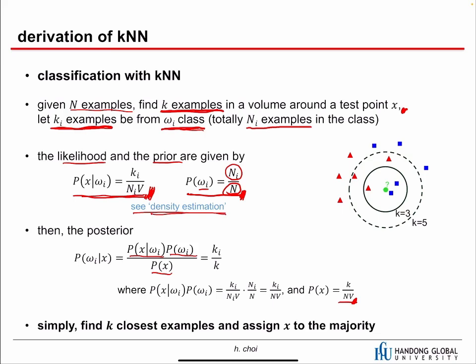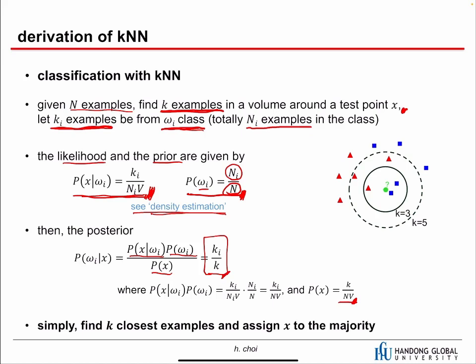Just multiply all of them, and now finally we have this equation. This derivation looks a little complicated, but the result is quite simple.